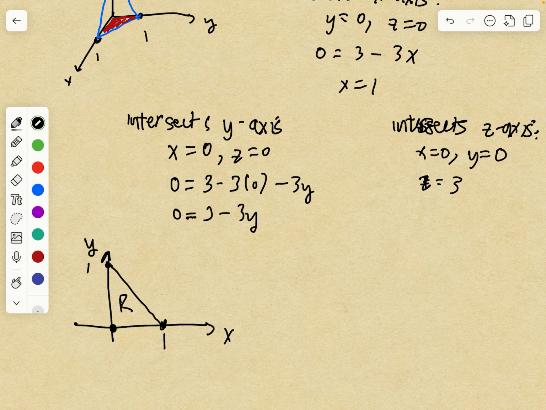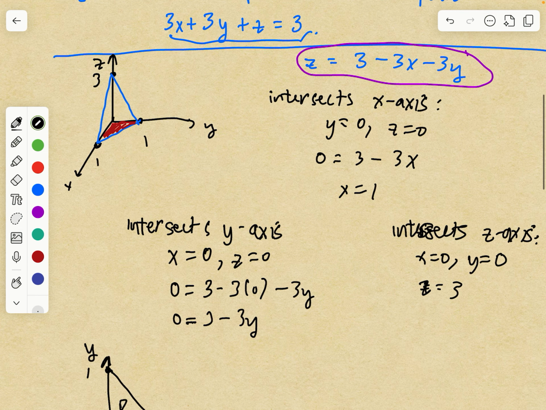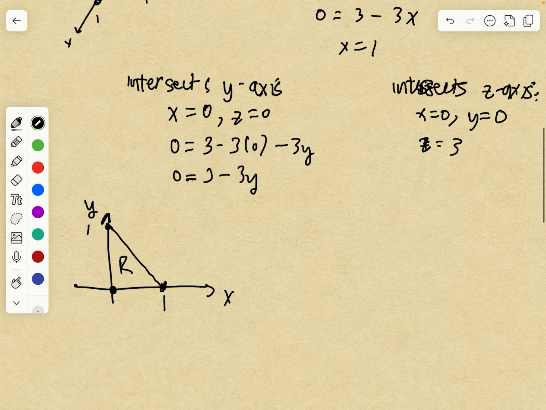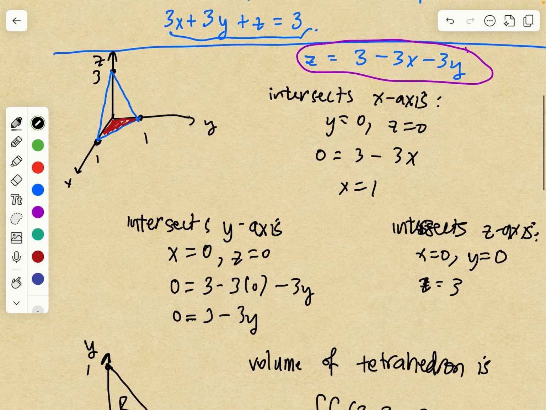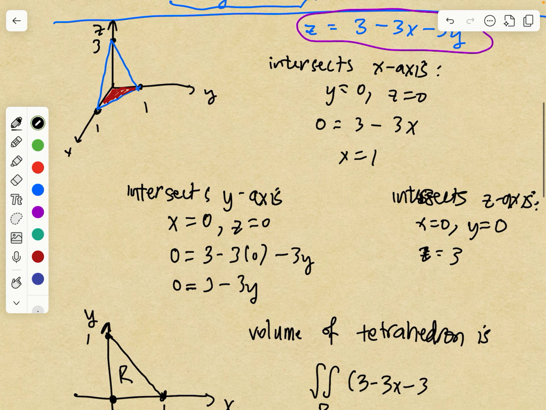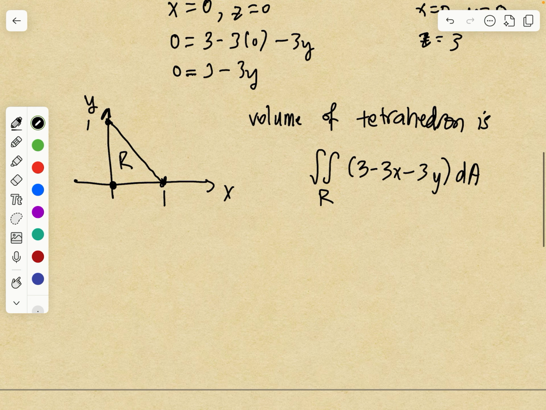And you're integrating the function z equals 3 minus 3x minus 3y over this triangle. So the volume of the tetrahedron is the double integral over R of 3 minus 3x minus 3y dA. That's the double integral we want to solve.